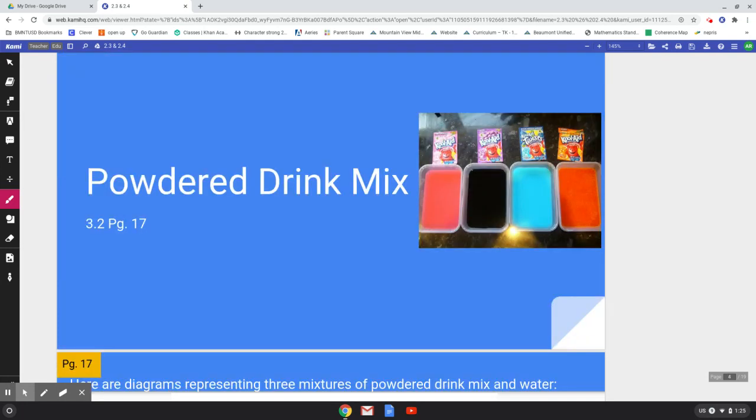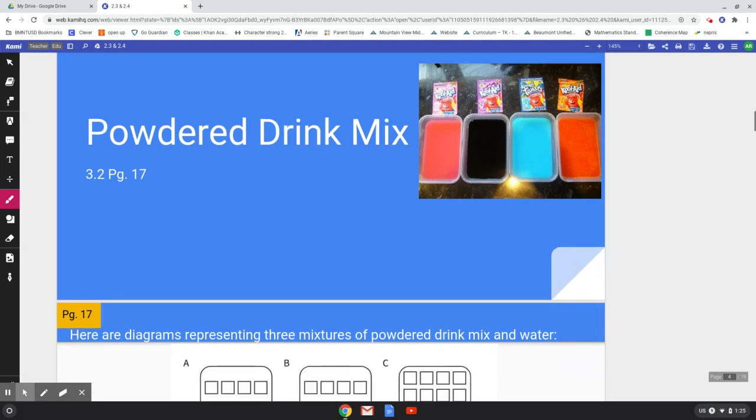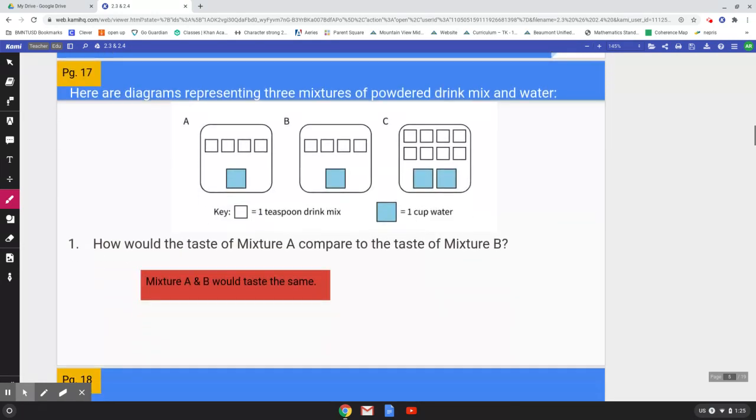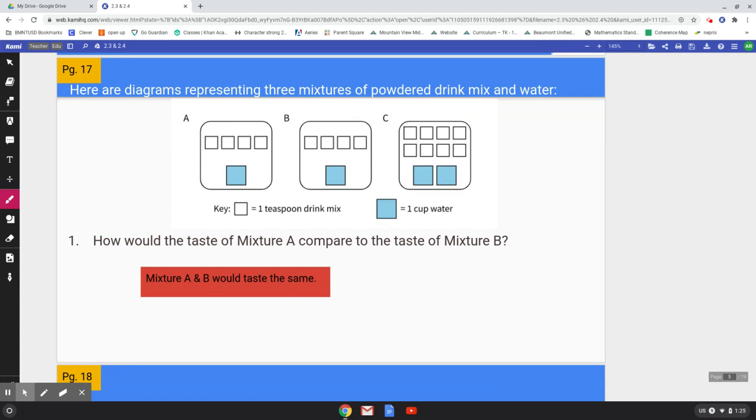So the first one is this powdered drink. You're on page 17 of your book. It says, here are diagrams representing 3 mixtures of a powdered drink and water.